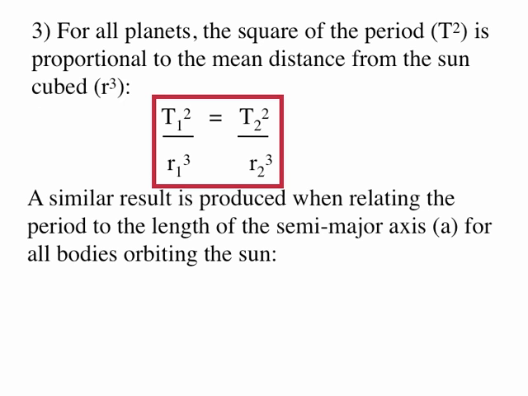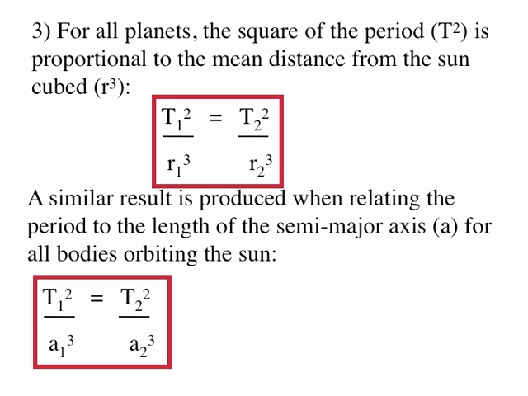Similar results can be derived from this, for example, relating period squared to the semi-major axis, which we'll call A here. The semi-major axis, of course, is half of the longer axis of the ellipse. So period squared to the semi-major axis cubed would also be a constant value.